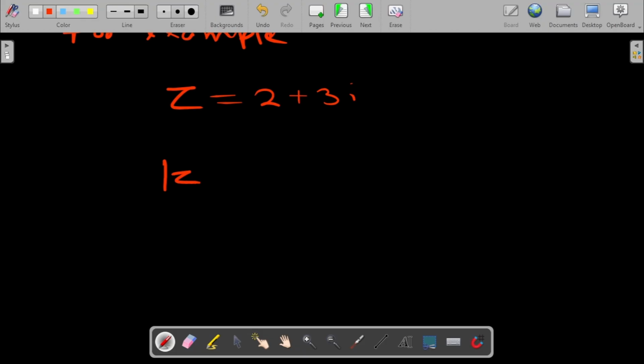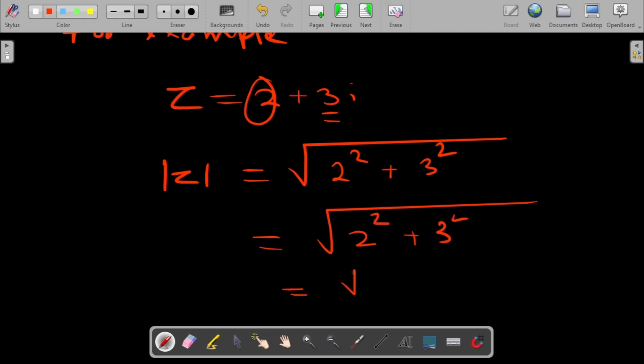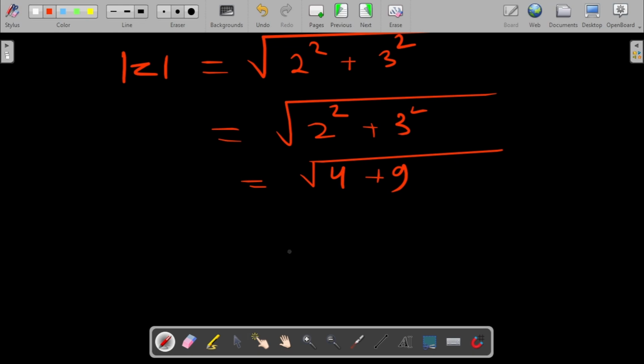Modulus of z is square root of a square plus b square. Here a is 2, so 2 square, and b is 3, so 3 square. This is equal to square root of 2 square plus 3 square. So 2 square is 4 and 3 square is 9. So this equal to square root of 13.